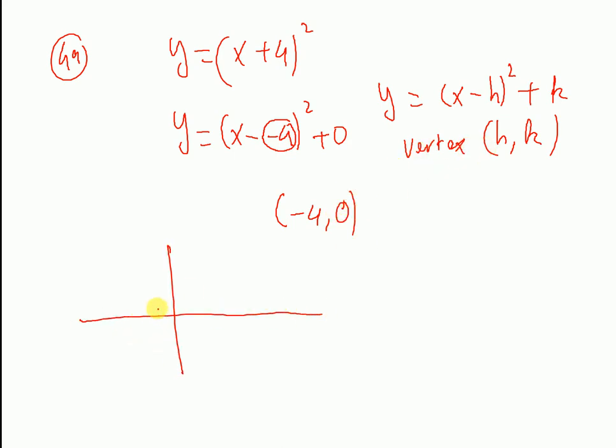So minus 4 for x, go 4 to the left, and then go up by 0 because y is 0, so which is here. Now the x here, when you expand this out, you get x squared plus 2 times... oh actually no, let's not do it this way, because there's not a negative in the front of this equation.